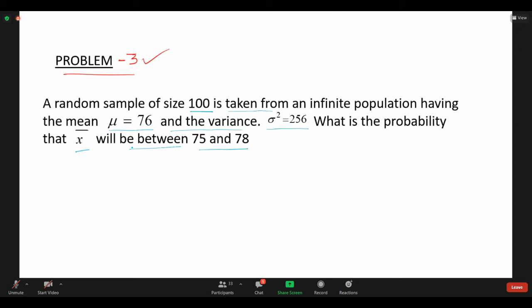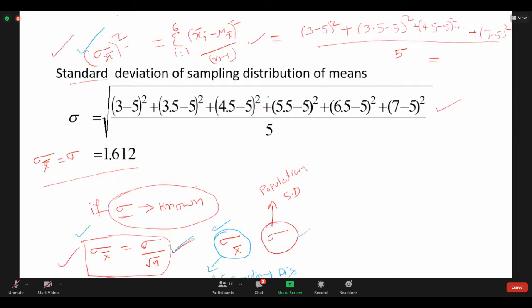Yeah, Anil, I didn't get. In the previous problem, you're asking a doubt. Okay, I will show that one. See here, the standard deviation of the sampling distribution of means, that we have to find out actually.